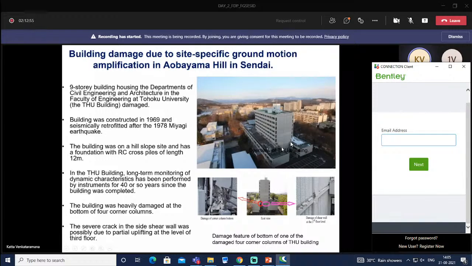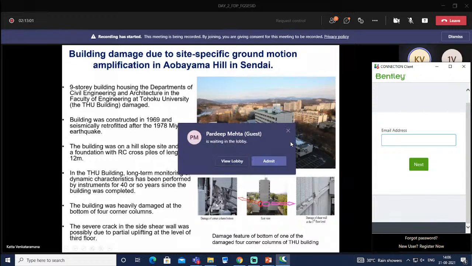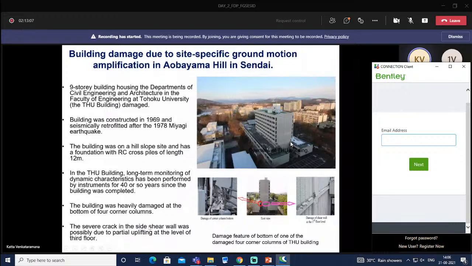So at the 4 corners of this building, shown here, this is the damage of a corner column. The severe crack in the side shear wall was possibly due to partial uplifting at the level of the 3rd floor.